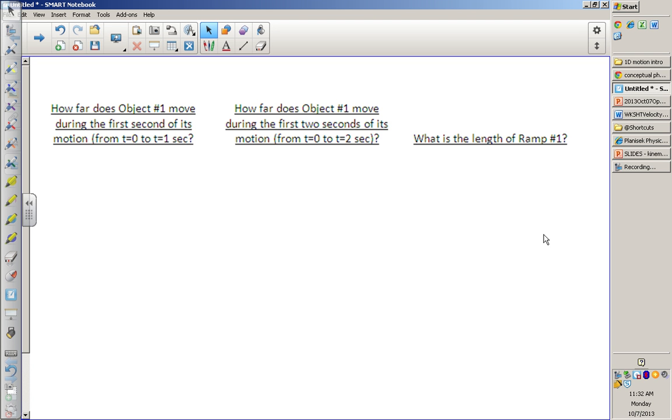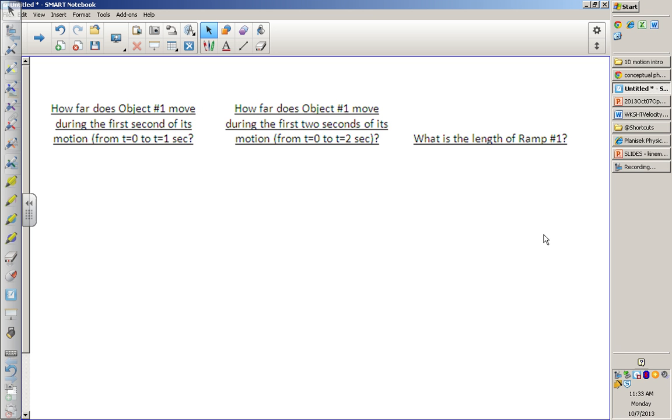Remember that it's not going 2 meters per second. It's continuously speeding up until it gets to 2 meters per second.